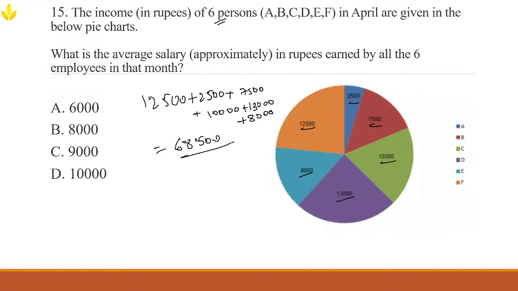That will be, sorry, the value is 46,000. That will be divided by 6.